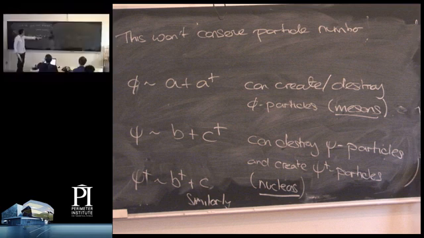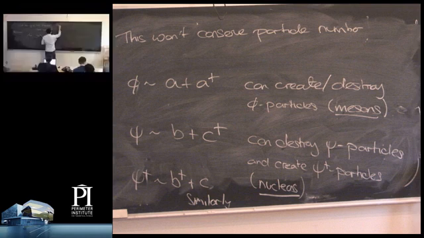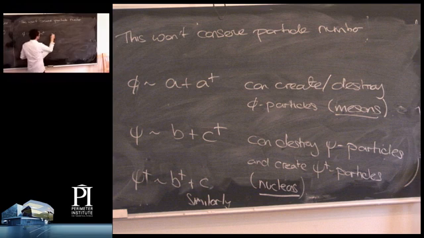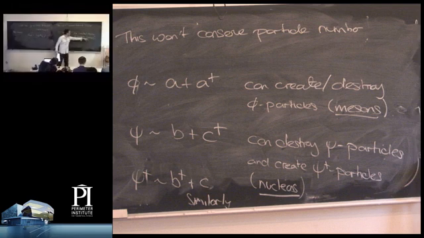So let's see what kind of things this is going to do if it acts on the state. The first thing to notice is that this won't conserve particle number. Remember, if we write phi as roughly a plus a dagger, this can create and destroy phi particles. And for the purposes of me not saying phi particles for the next 2 lectures, let me just call these guys mesons.